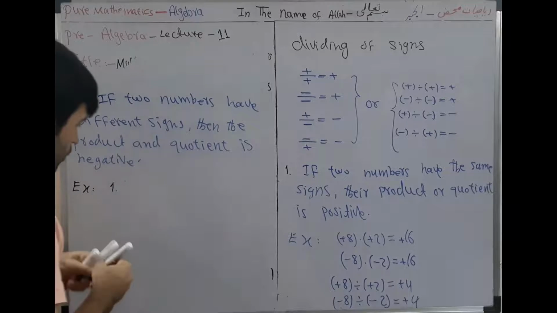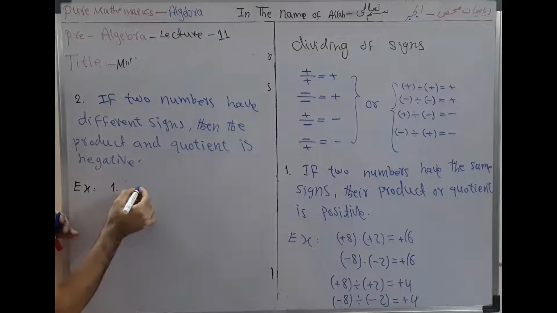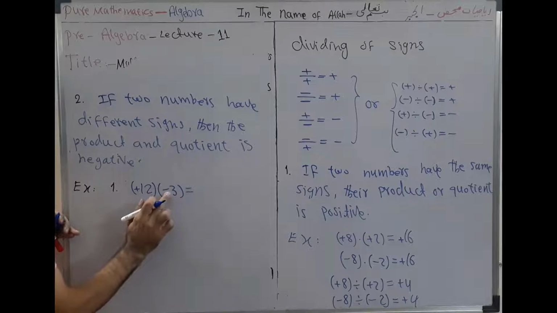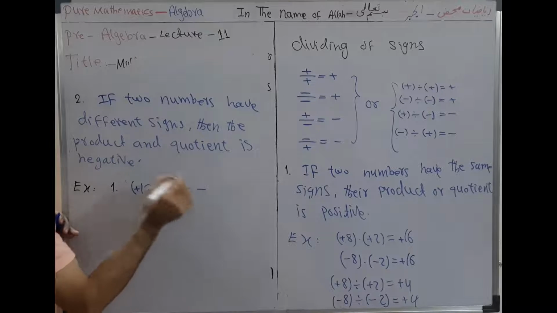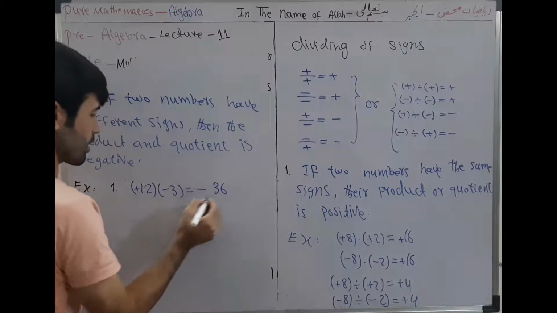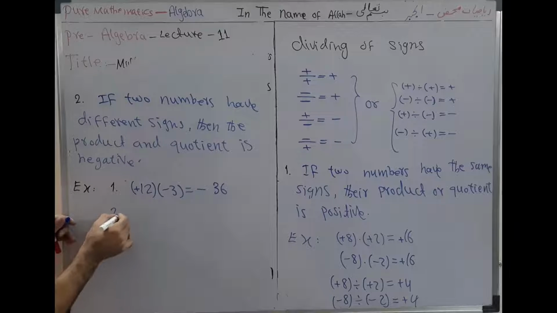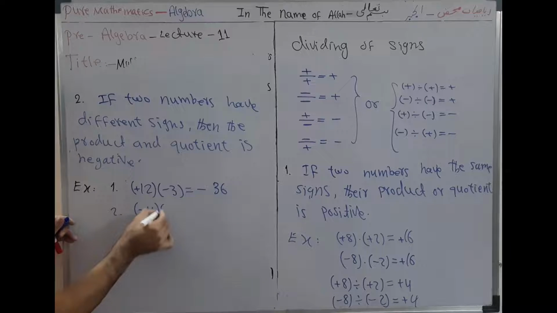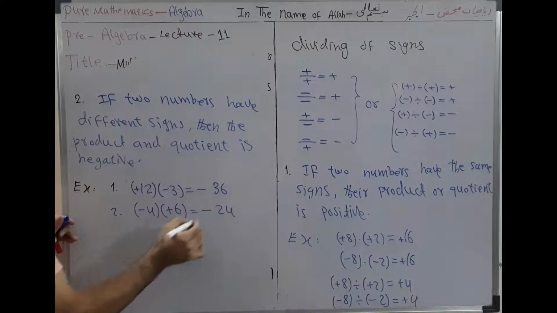Example number 1: plus 12 multiplied by minus 3. Plus multiplied by minus is minus, and 12 multiplied by 3 is 36. Number 2: minus 4 multiplied by plus 6. Minus multiplied by plus is minus, and 4 multiplied by 6 is 24.